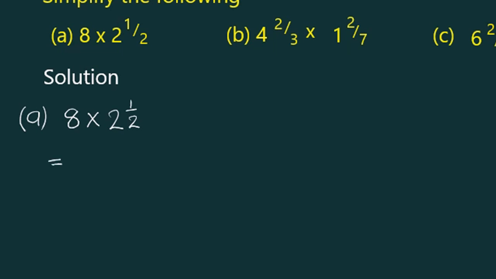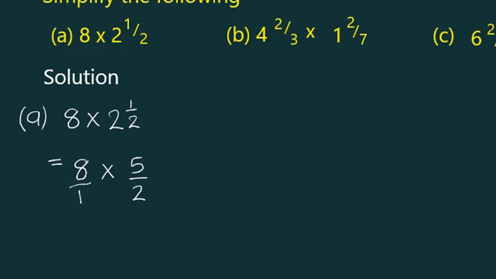If we have 8, we can write 8 over 1, times 2.5, which we can express as an improper fraction, and it will come out as 5 over 2. That is after multiplying 2 by 2, that's 4, and adding 1. So that will come out as 5 over 2.